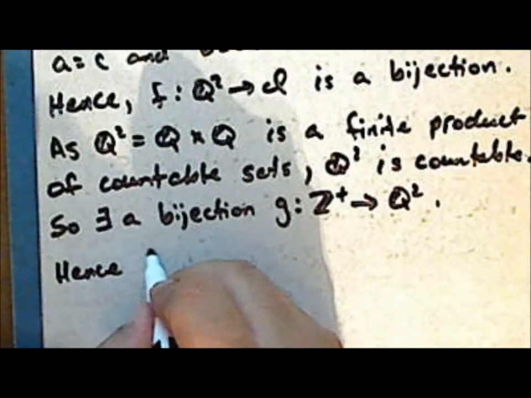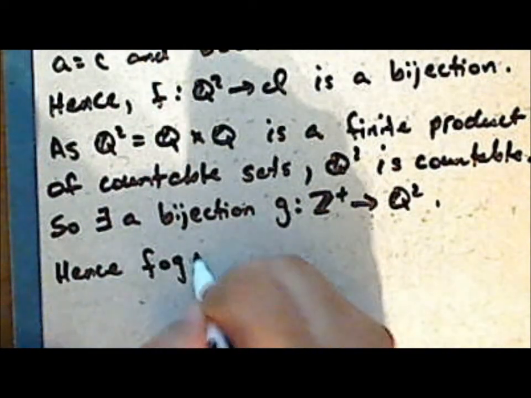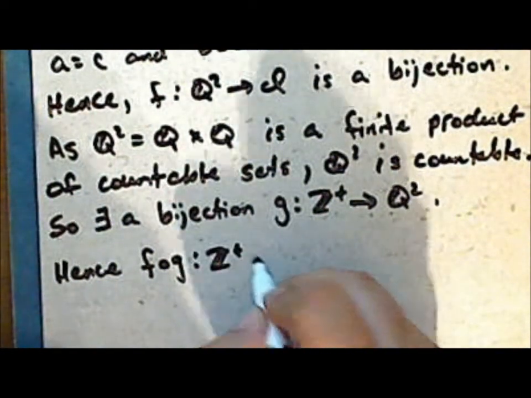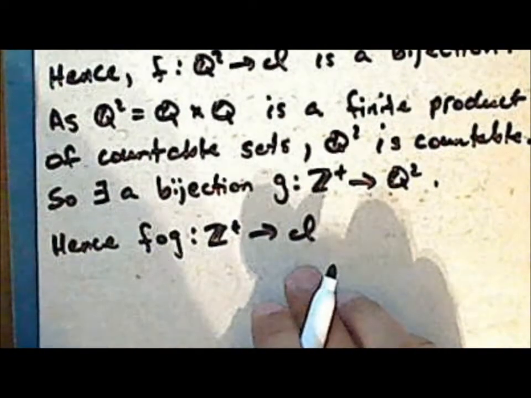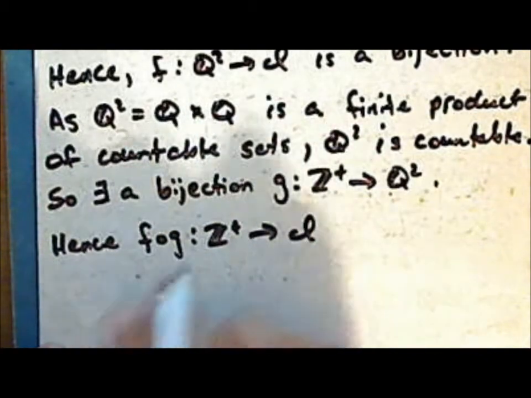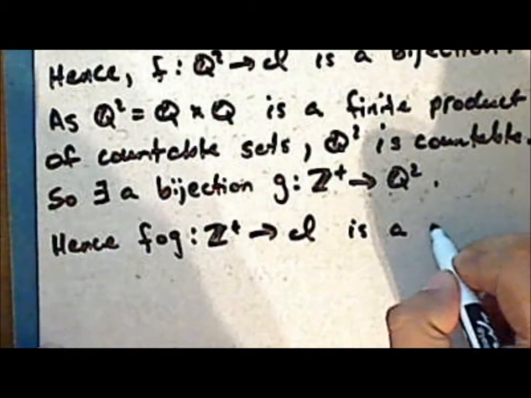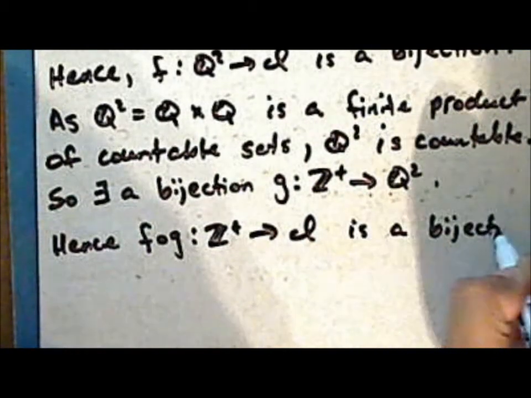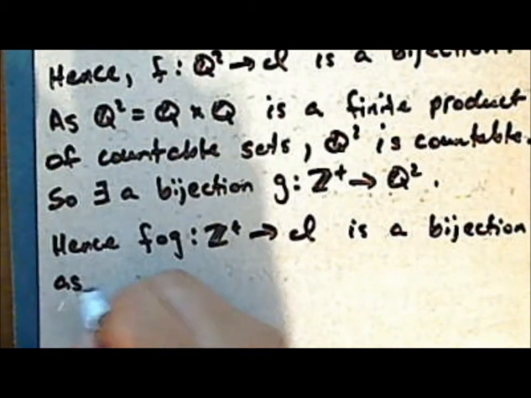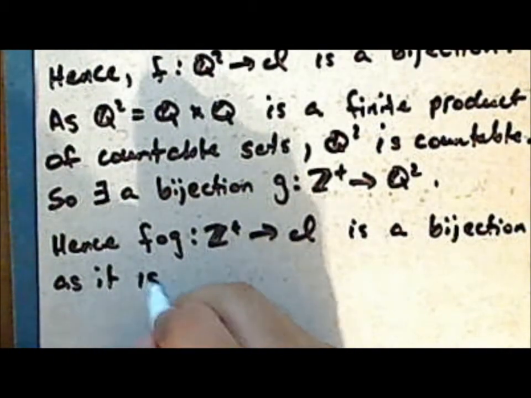And so the composition of f with g is a map from the set of positive integers into open intervals having as its endpoints rational numbers. And this composition is a bijection, as it is the composition of two bijective functions.